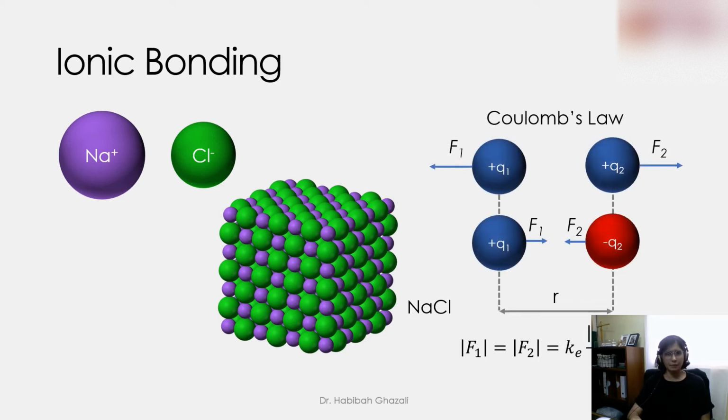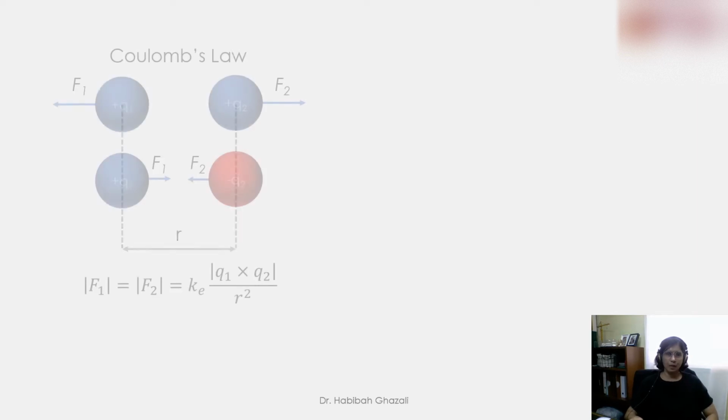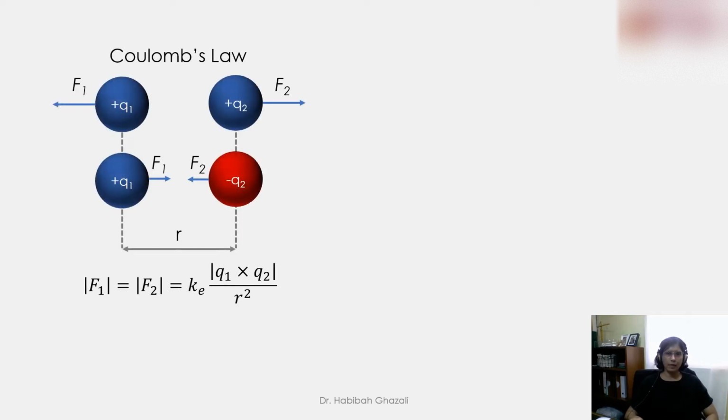But how stable they are, we are going to look at with Coulomb's law. So what determines how well these atoms are held together? It's simply Coulomb's law. From Coulomb's law here, we can see that if we have the same charge, there's going to be a repulsion.